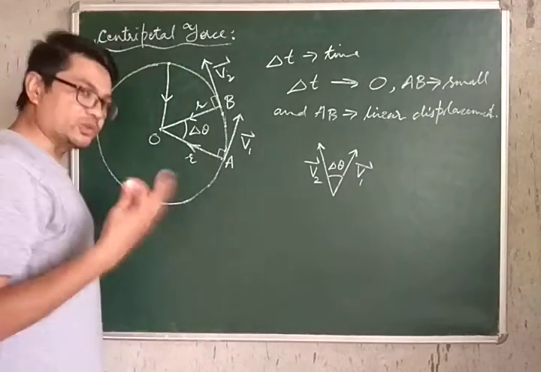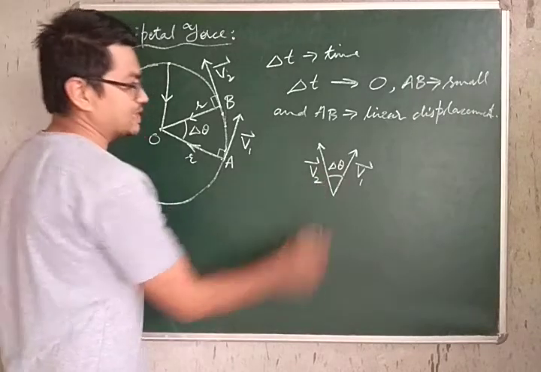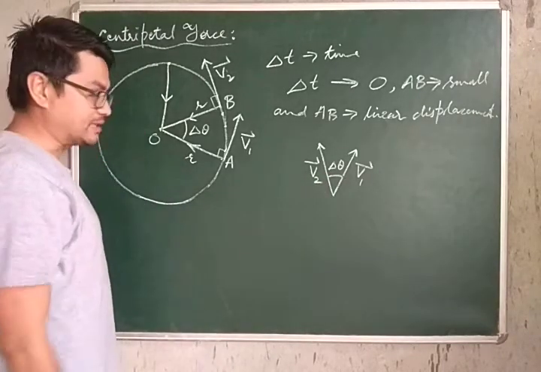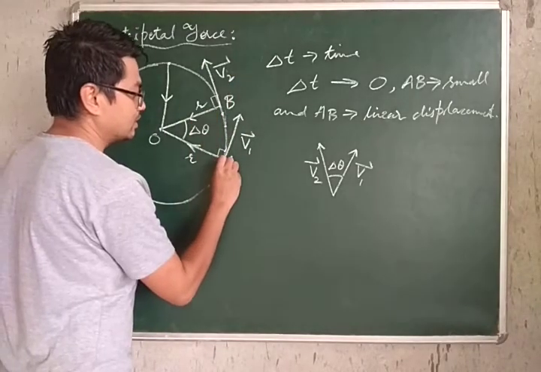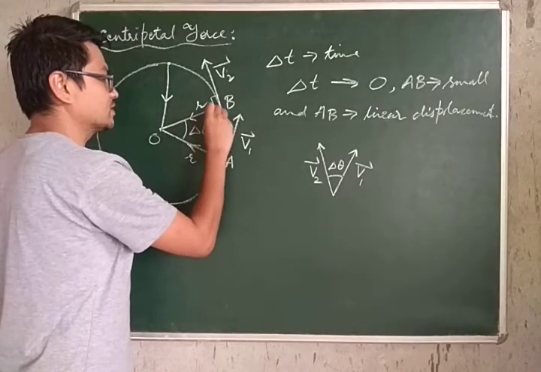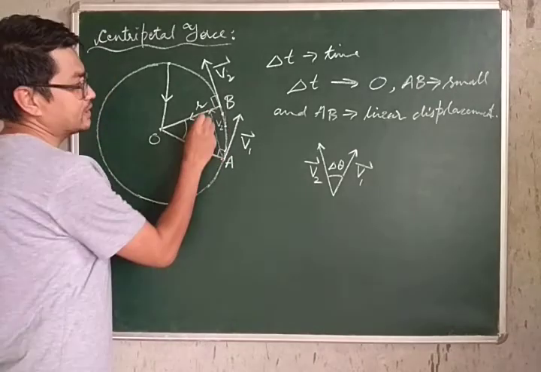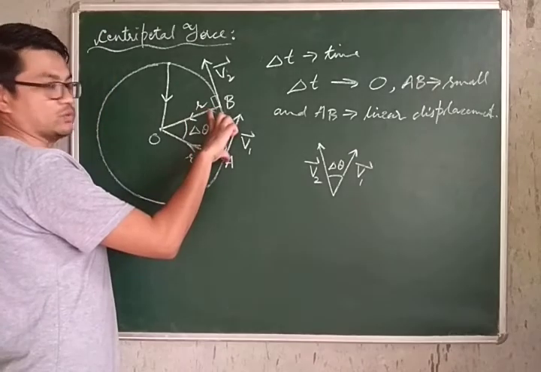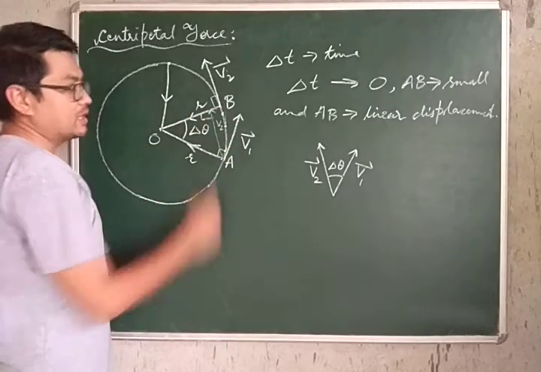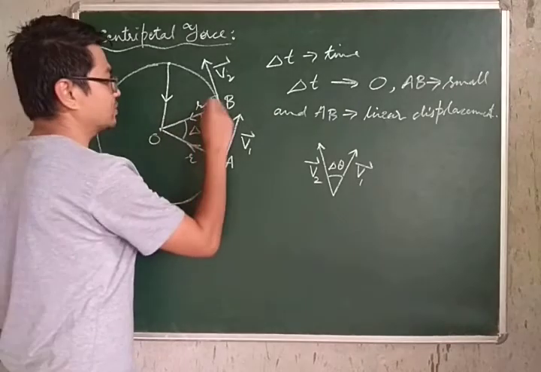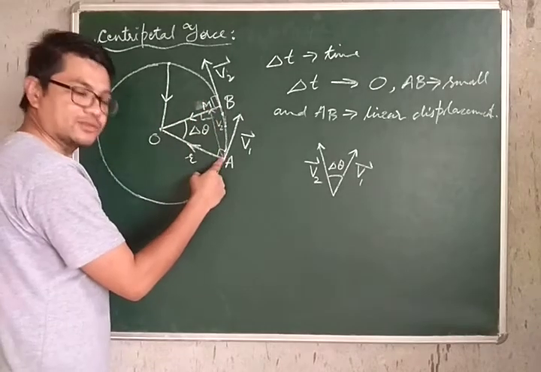Okay? Now, if you don't agree with me, you can actually prove this also. You can show that the angle between these two vectors is delta theta. What I can do is bring this v2 over here, keeping its direction and magnitude fixed. Now, the angle between the radius and v2 is 90 degrees. Let us call this point M. So OMA is a right angle triangle.